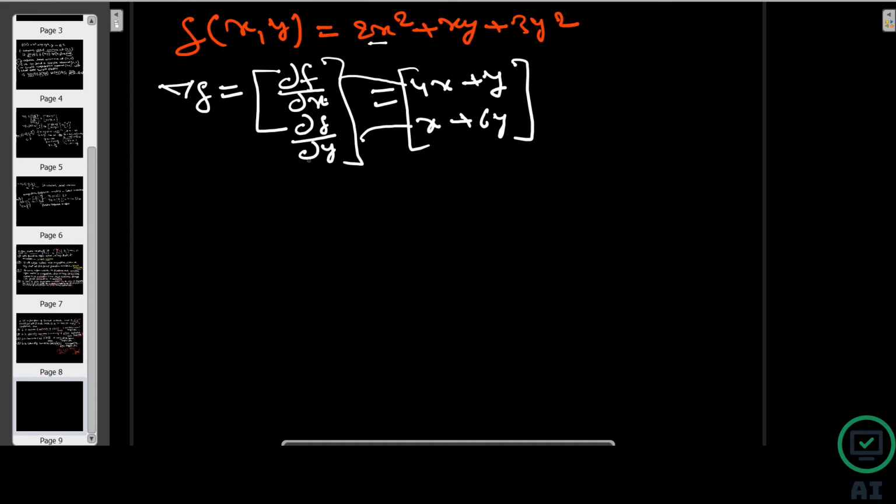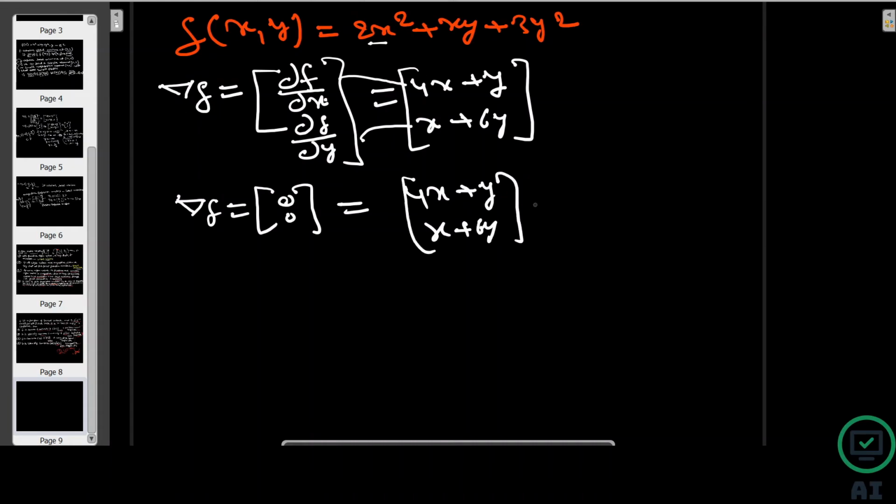As we know, to find the critical point, the first derivative should be 0. That means the slope would be 0. So let's equate these to 0: 4x plus y and x plus 6y equal to 0 and 0.